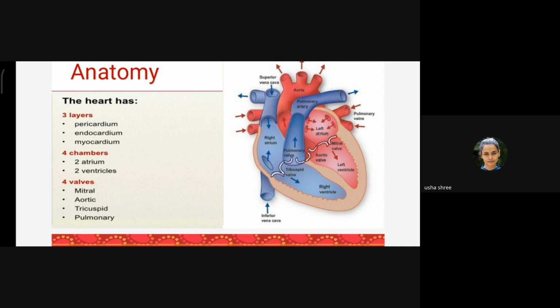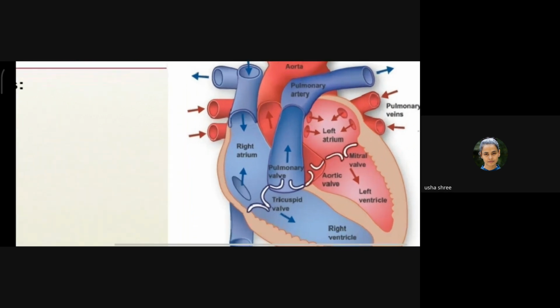No, no. Pulmonary valve is present in the opening of the pulmonary artery. From the right ventricle, blood is going to the lungs, right? Deoxygenated blood is coming to the heart through the superior vena cava. You can see in this picture.